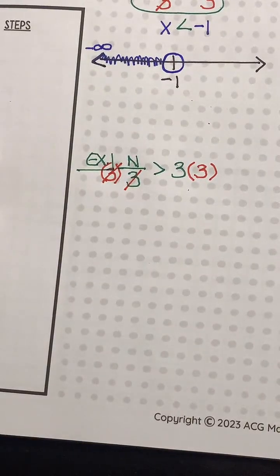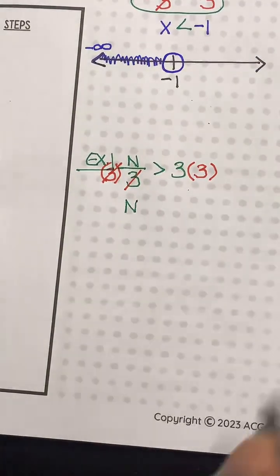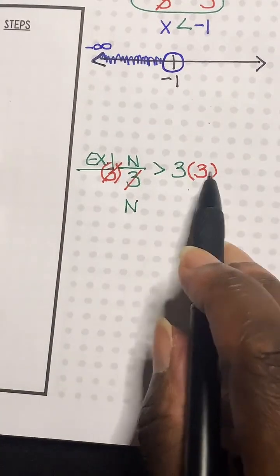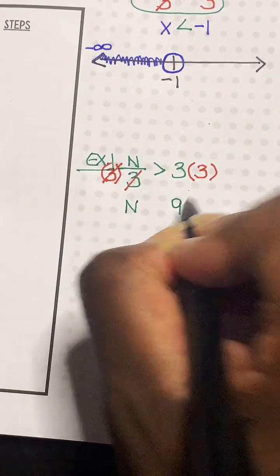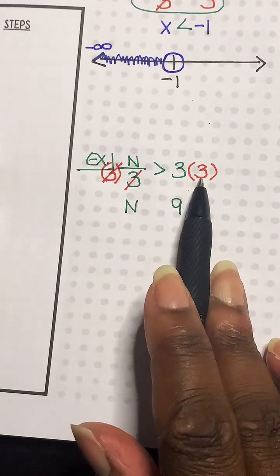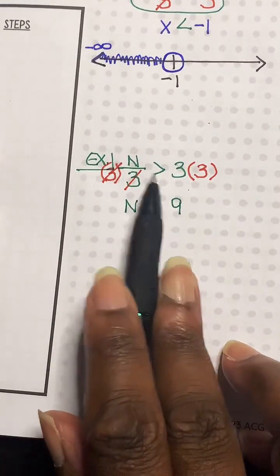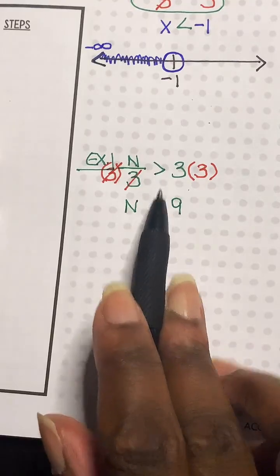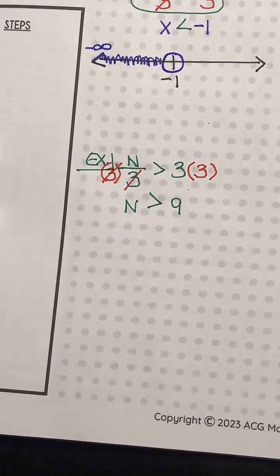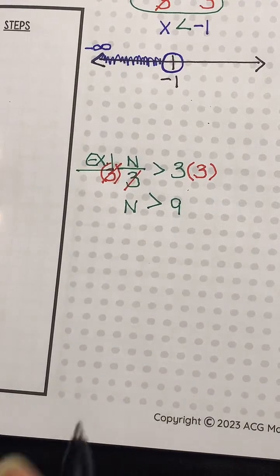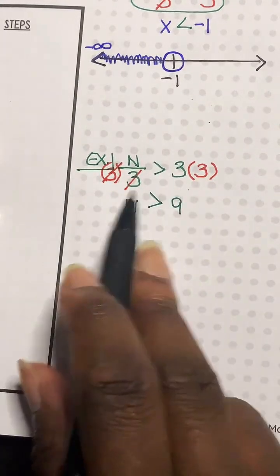But I don't need the 1 because I still have the n. So that's 1n. Then 3 times 3, that will give me 9. And since we multiplied by a positive number, my inequality sign does not change. So we still keep it as greater than 9. Okay? It only changes when you multiply or divide by a negative number, which did not happen here.